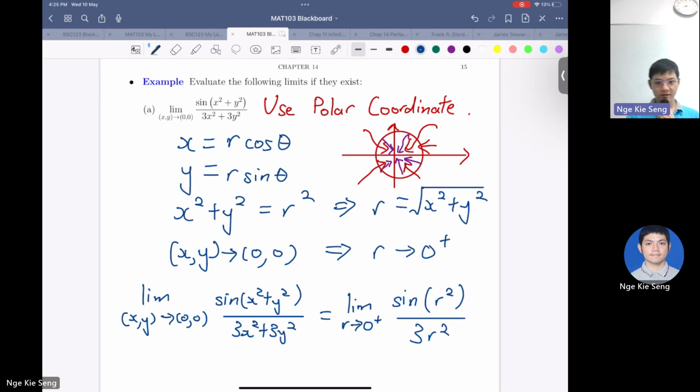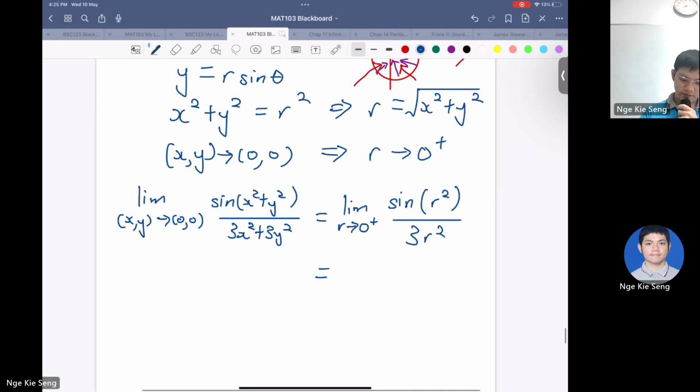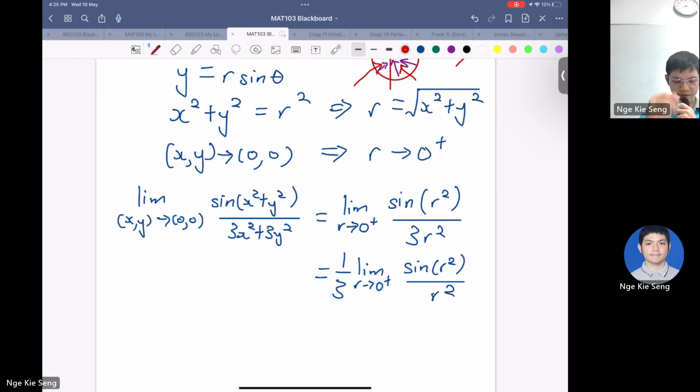So how do we solve this limit? What's the limit of sin x over x as x goes to 0? It's 1.